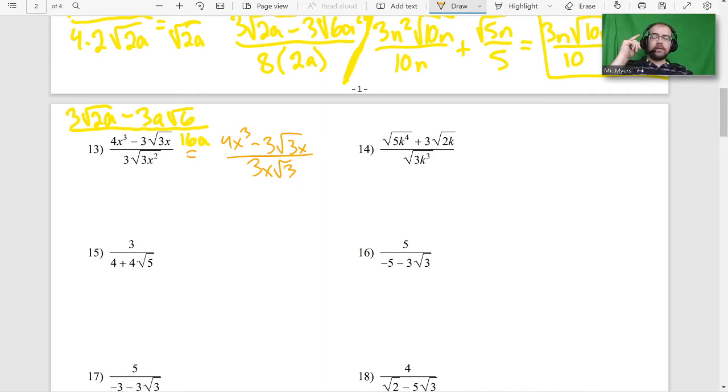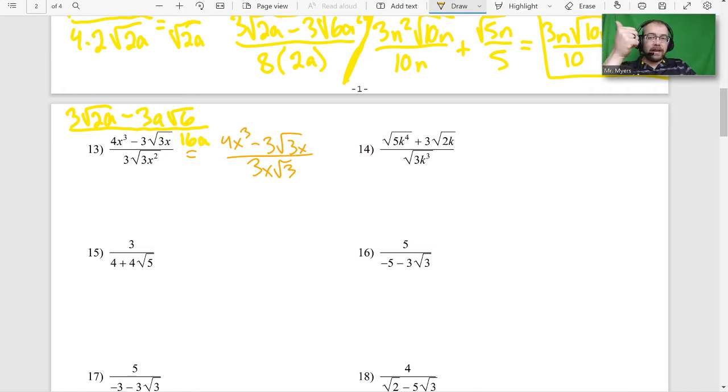There's 2 things on the top, and there's 1 thing on the bottom. All the things, which we call monomials or terms or expressions, are separated by plus and minus. So if you see pluses and minuses, that's going to separate things. I just call them things because that's easier.